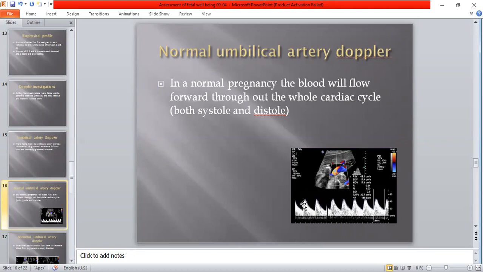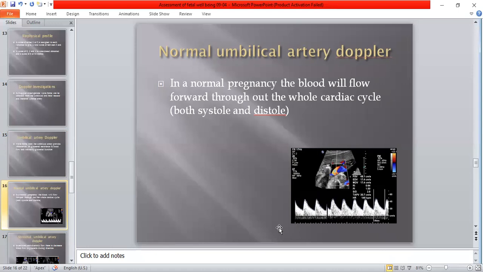The wave reaches its peak during systole. It comes down during diastole, but it's far away from the baseline. So during diastole, this blood flows forward to the fetal vessels. This is the normal umbilical artery Doppler.